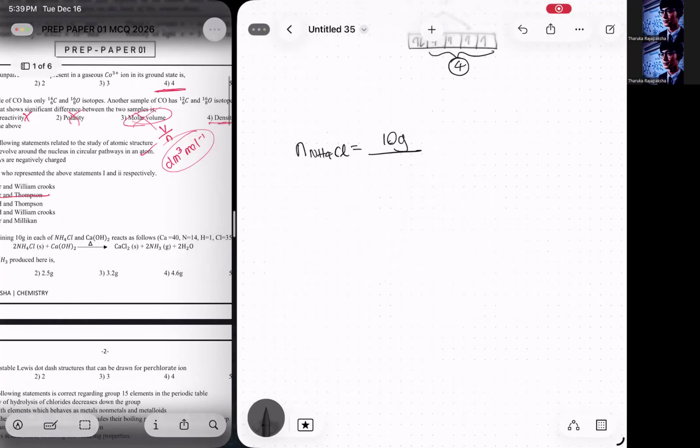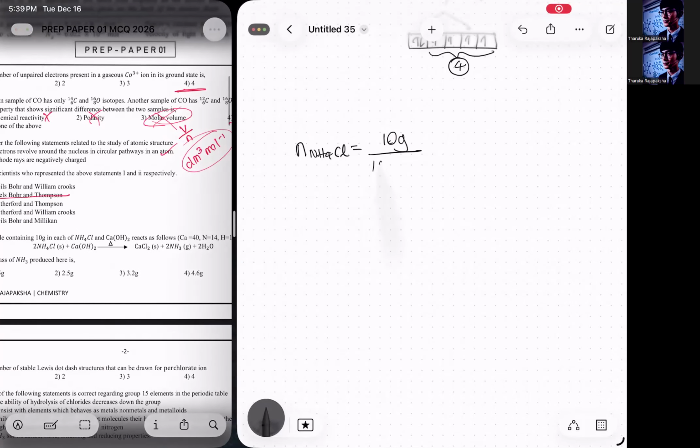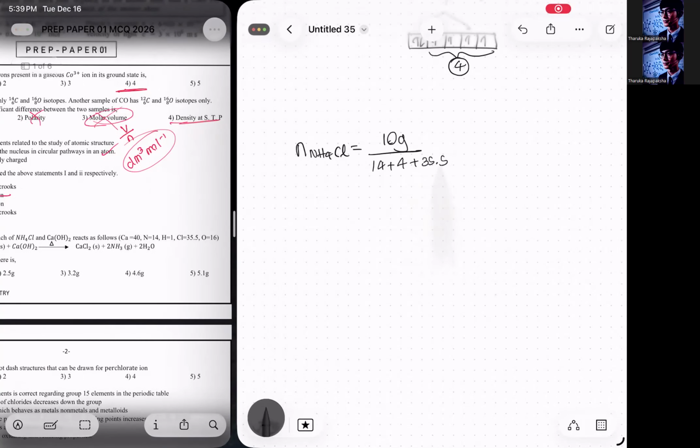So molar mass of ammonium chloride is 14 plus 4 plus 35.5, that's going to be 53.5. 10 divided by 53.5 is 0.1869. That's the number of moles of ammonium chloride.